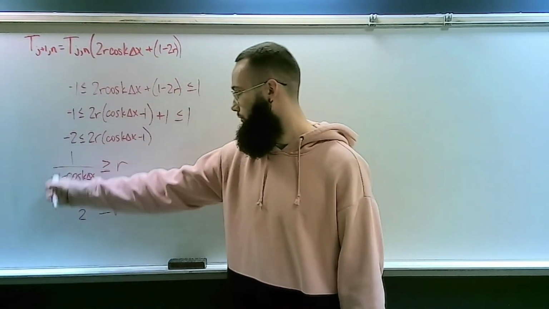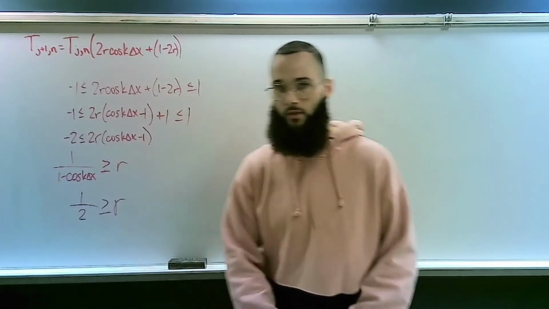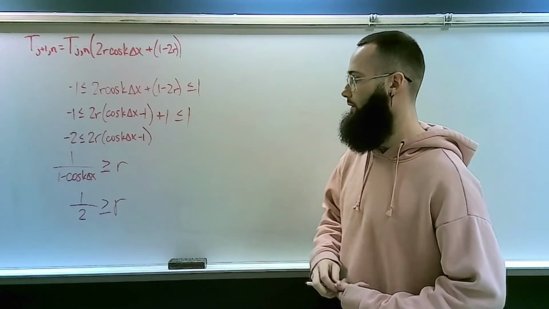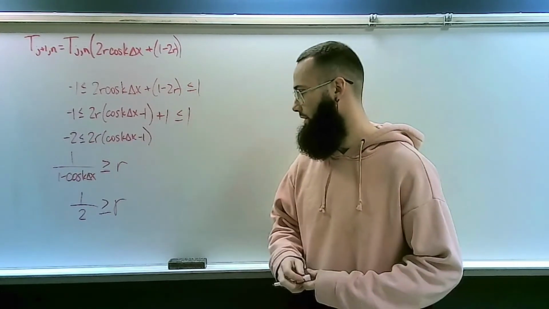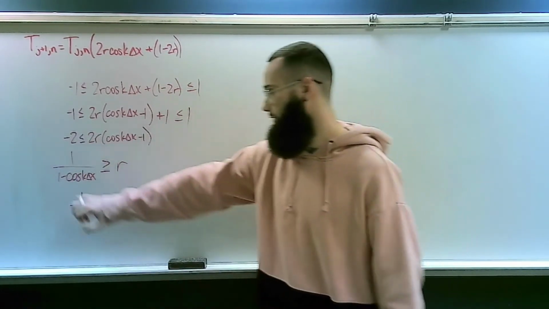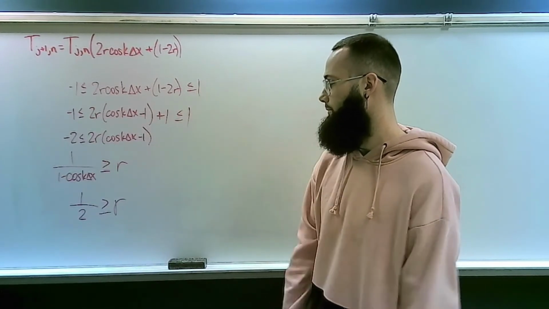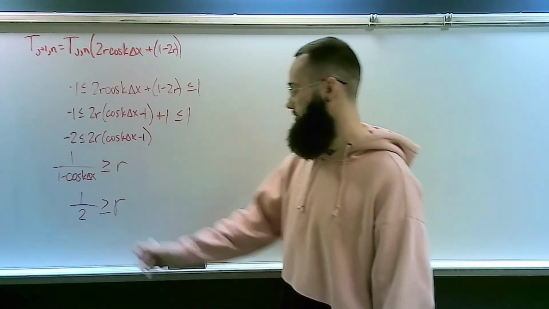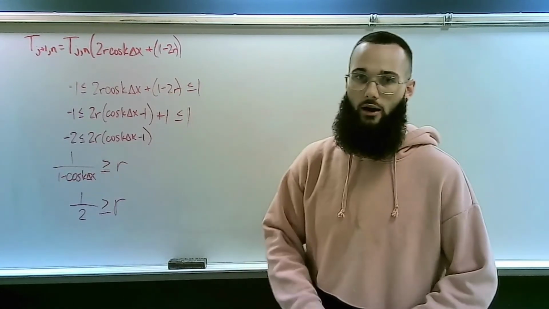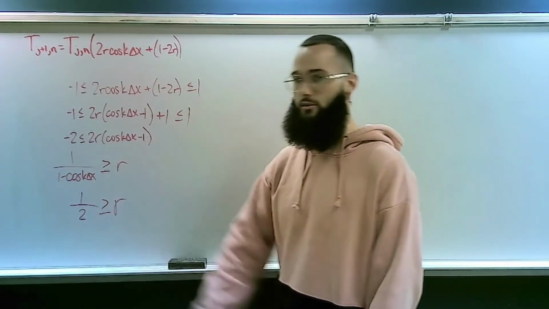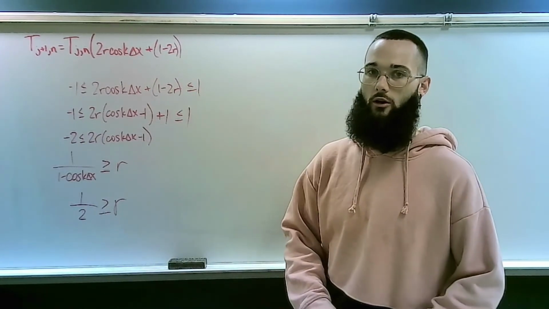And that comes from 1 over 1 minus -1. And the maximum value of cosine without getting a divide by 0 error would be 1 over 1. And so that is actually less stringent than this value right here, which means that this 1/2 is going to be the determining factor for our r.